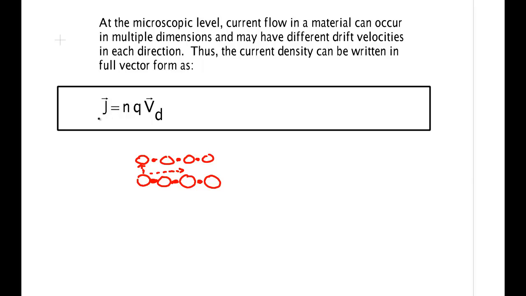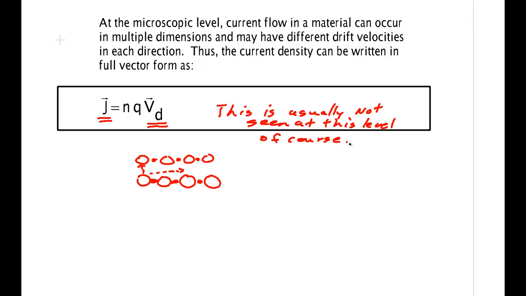If that's the case, we can put vectors on this. So put a vector on the current density and the drift velocity here, and that will give you an ability to make this into a vector and have different values in different directions. This is usually not seen at this level, of course, although it is occasionally.